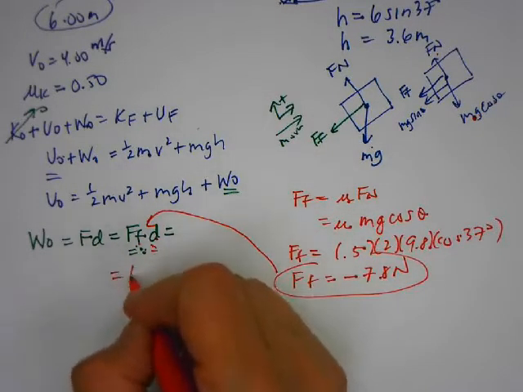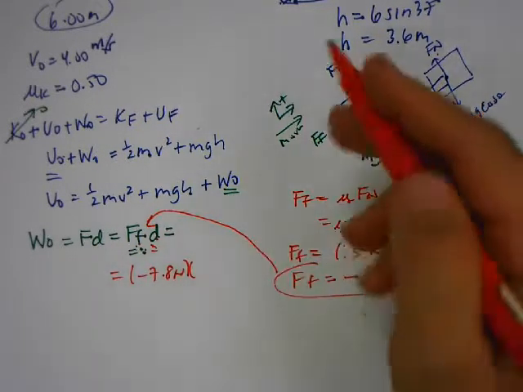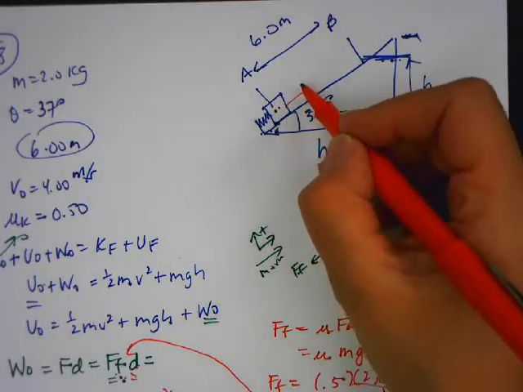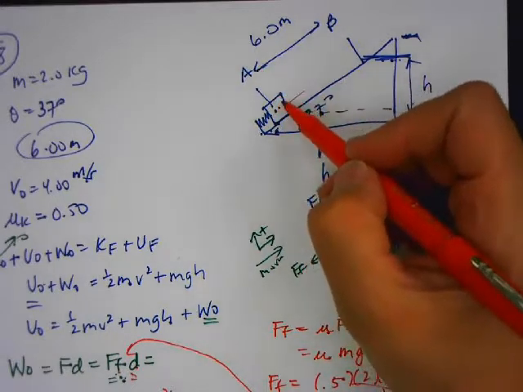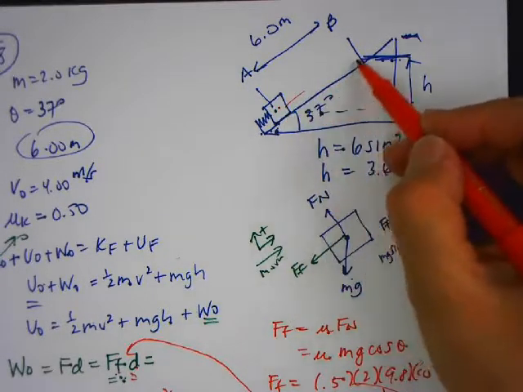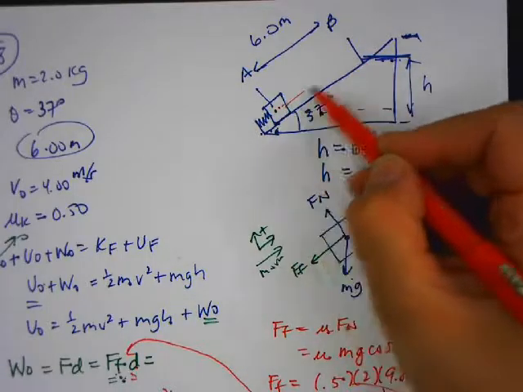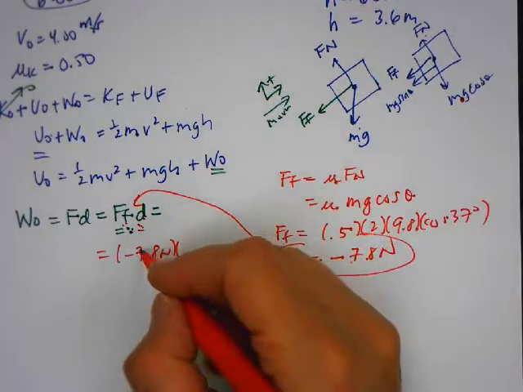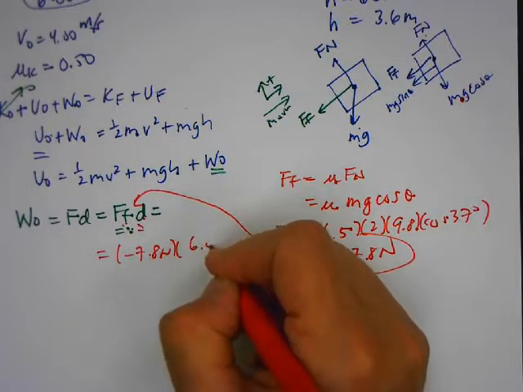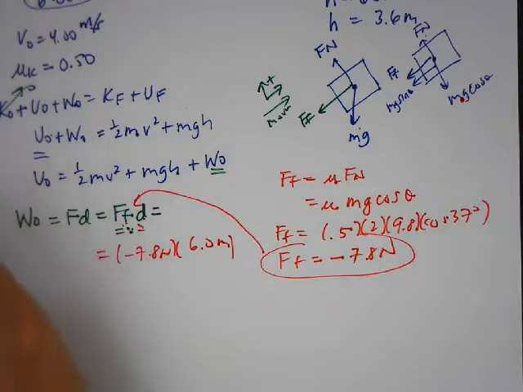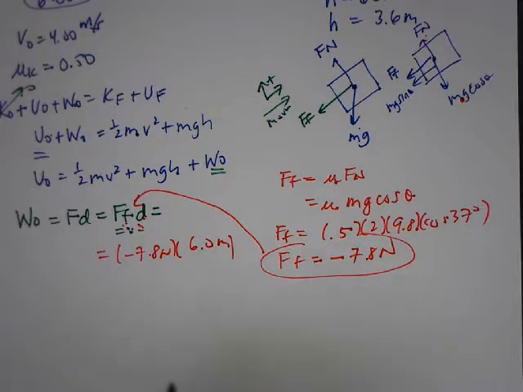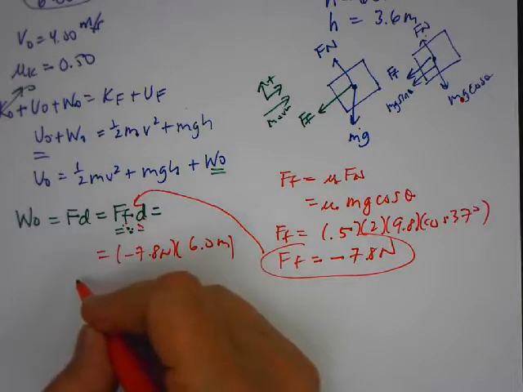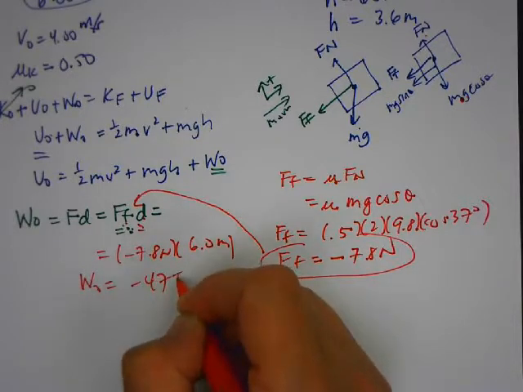That's equal to negative 7.8 newtons times 6 meters. Remember, work is done in the direction in which the force is displaced. So my frictional force is being displaced parallel to the surfaces in contact, and that's 6 meters, the distance. So 7.8 times 6 comes out to be 46.96. So we're going to call that a nice even 47.